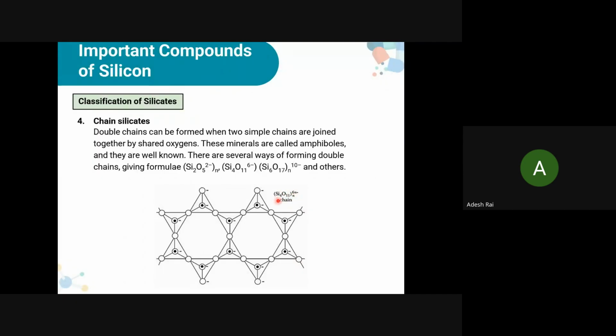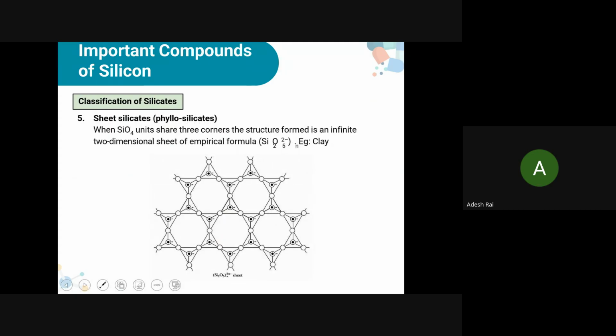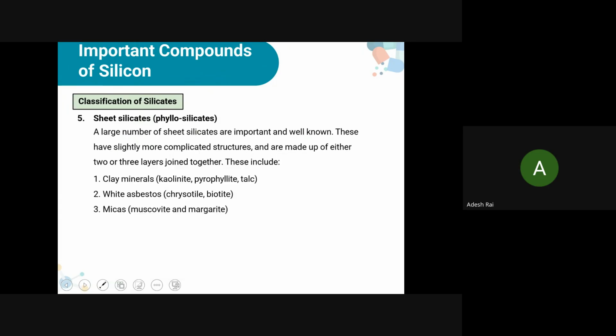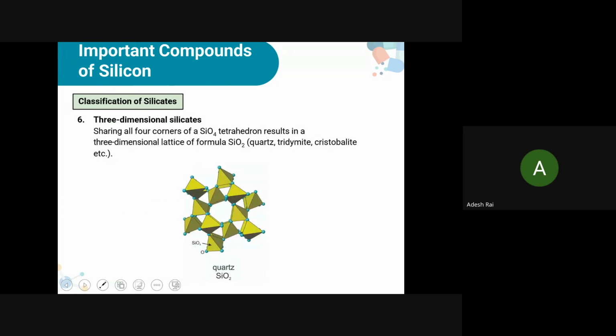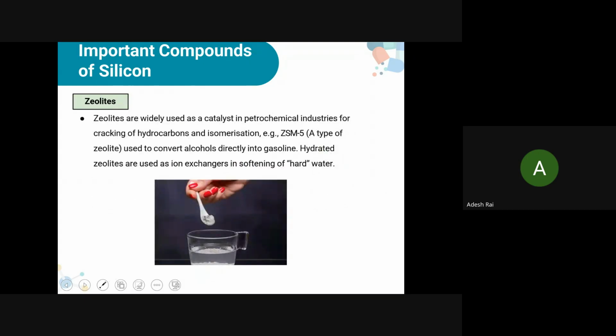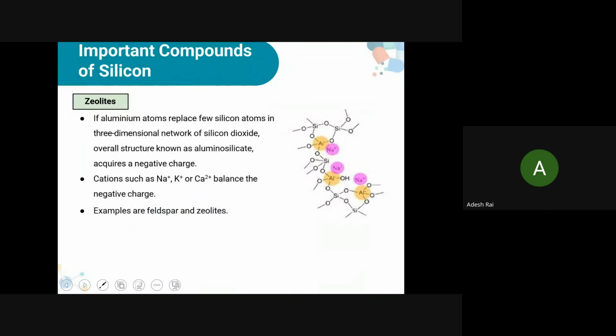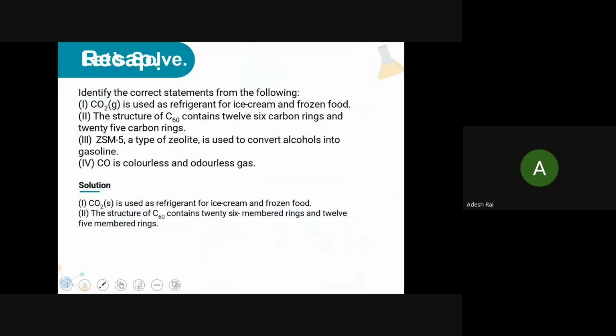The atoms which are getting shared, we don't have to count for their negative charge. So for chain silicates you have multiple, please remember all of that. In sheet you have fixed Si2O5 2-. For 3D silicate, nothing is mentioned except that the examples are feldspar and zeolites.